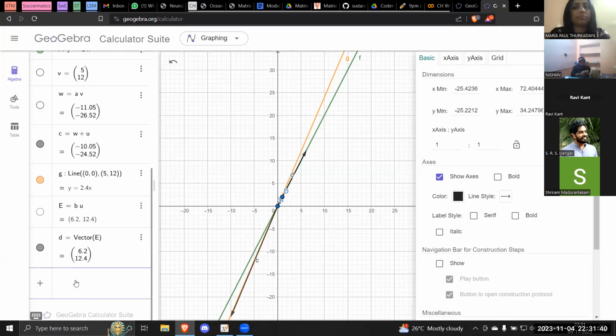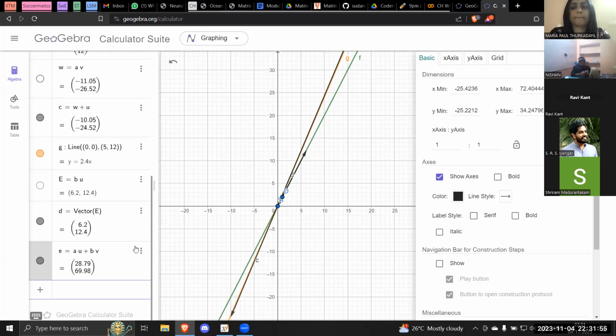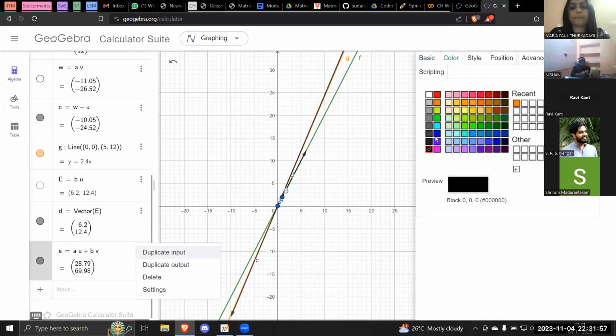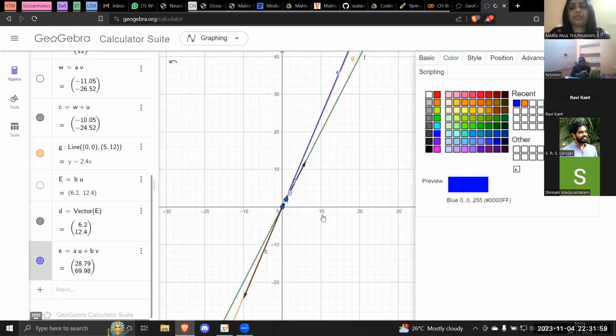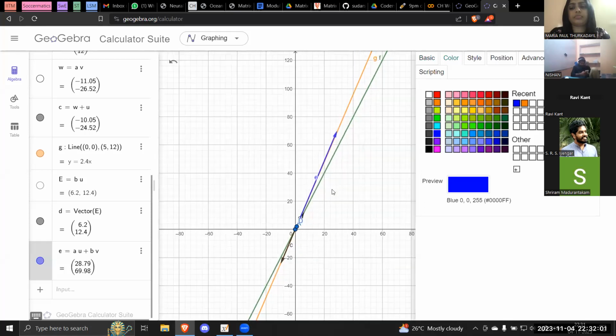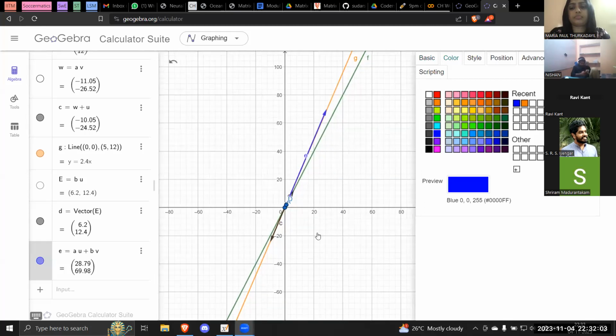So can you add these two? W plus D. I'll just do A times V plus B times U. Okay, that works as well. So we got a resultant vector E. Can you change the color for E, Vinay, so that it stands out, and hide everything else maybe.